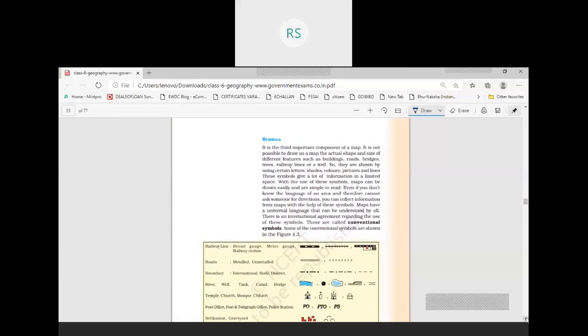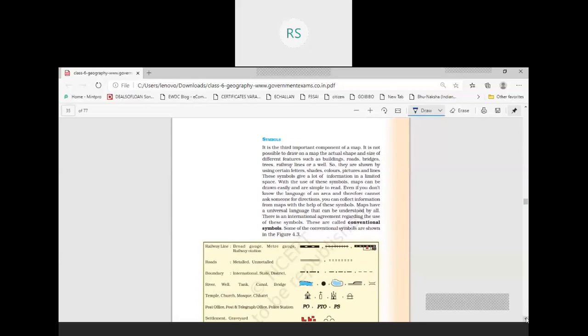Okay, it is the third important component of a map. It is not possible to draw on a map the actual shape and size of different features such as buildings, roads, bridges, trees, railway lines, or a well.